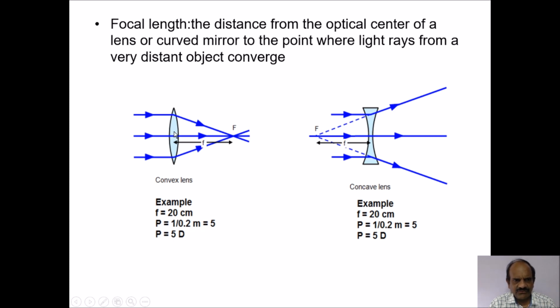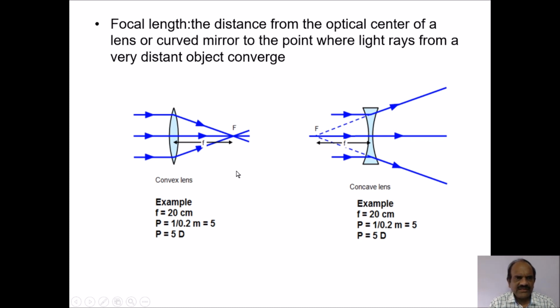This distance from the optic center to the focus point we call the focal length. The focal length is the distance from the optical center of a lens or a curved mirror to the point where light rays from a very distant object converge.